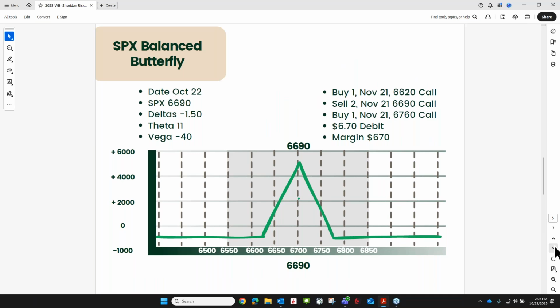Why? Because they have the most extrinsic value. That's where the juice is, the time premium, the extrinsic value, and that's the part of an option that decays the most. So that's really the reason to do this, is to sell the at the money calls. That's the whole purpose of this, to sell that part of an option that decays the most.